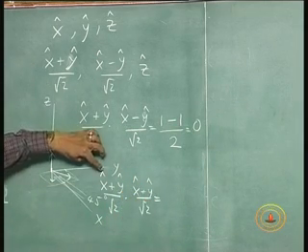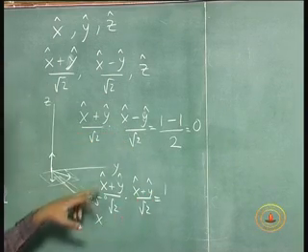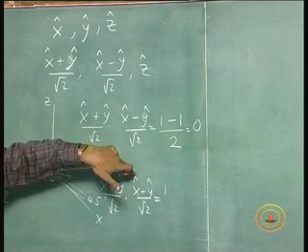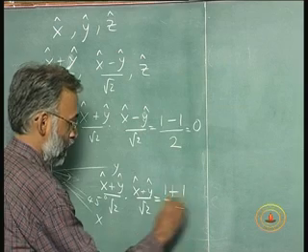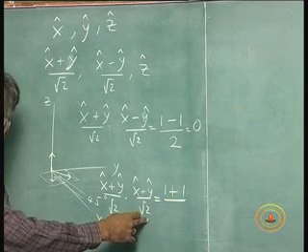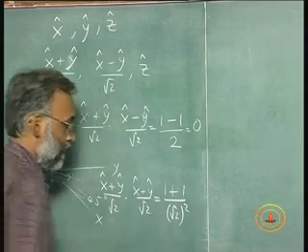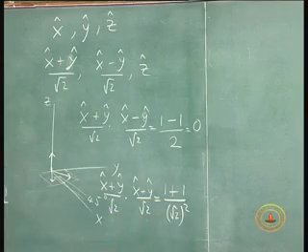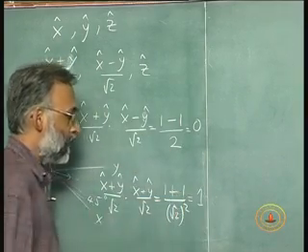Well, x hat dot x hat is 1, x hat dot y hat is 0, y hat dot x hat 0, and y hat dot y hat is 1, over square root of 2 multiplied by square root of 2. So, square root of 2 squared is nothing but 2, and the numerator is also 2. So, it is equal to 1.